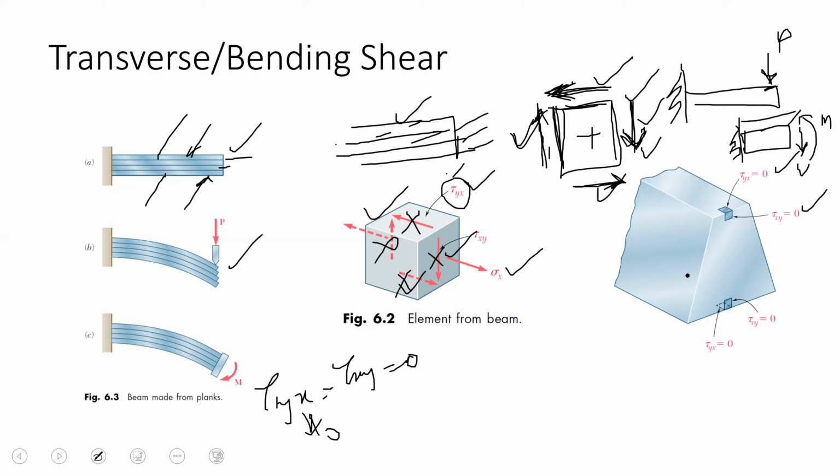This is the 3D view of this one. That's why on the top surface and on the bottom surface, the bending shear, or the transverse shear, is always 0, right?